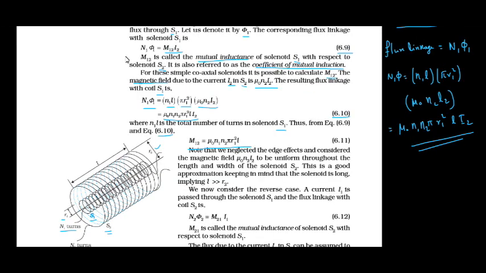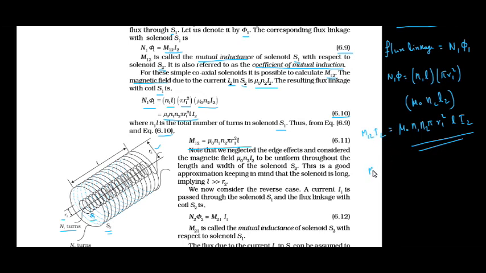So here, mutual inductance: this is equal to M12 multiplied by I2.